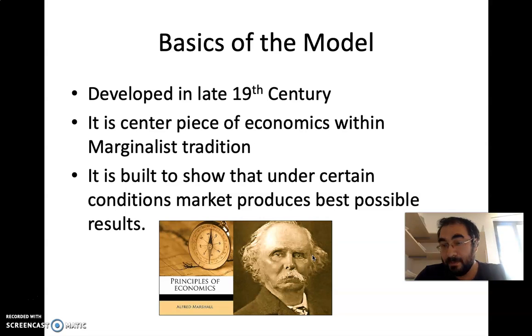Basically they were the three pioneers of it, who argued that economics can be understood by looking at the marginal values of different things. Marginal means the values of the last unit of different variables. For example, the marginal benefit you get from an output, or the marginal cost of output you produce as a producer.